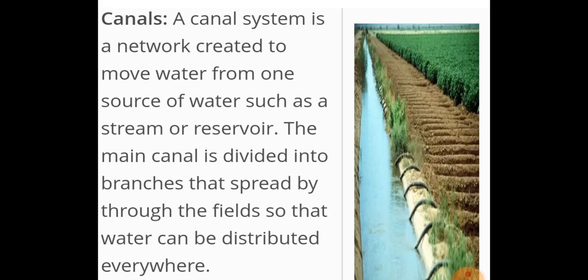Now the next type of irrigation method is the canal, as you can see in the figure. Now a canal is a system of network created to move water from one source to another, such as a stream or reservoir.